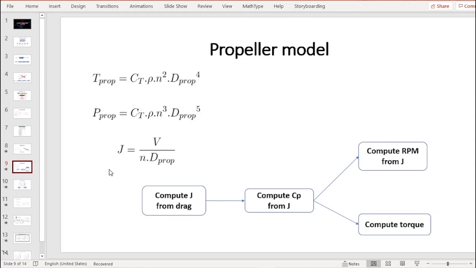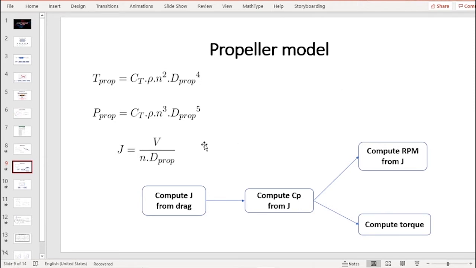These coefficients essentially model the thrust that the propeller can generate as well as the power. We can again dimensionalize these non-dimensional coefficients by multiplying them with the reference density, the RPM of the propeller, and the diameter of the propeller.